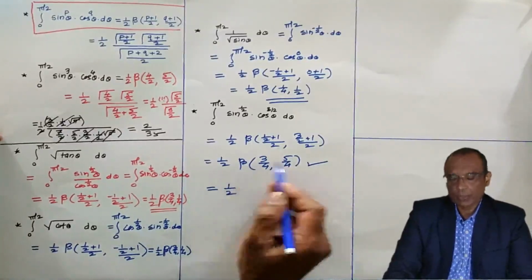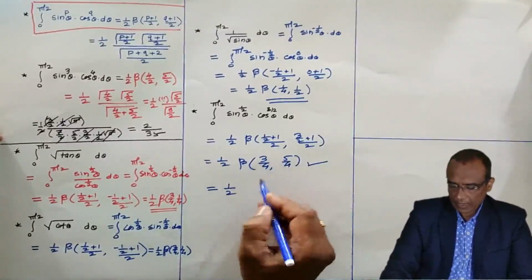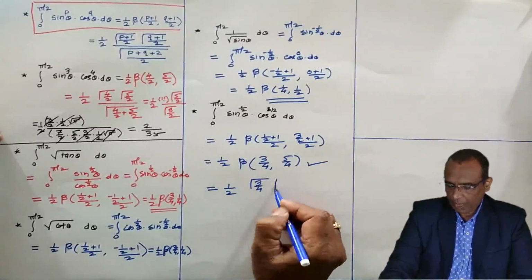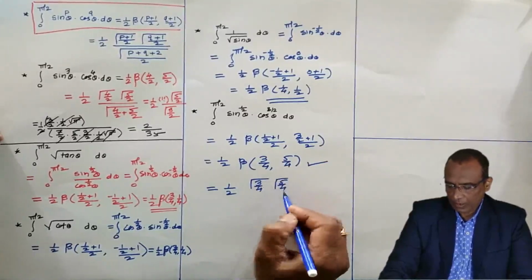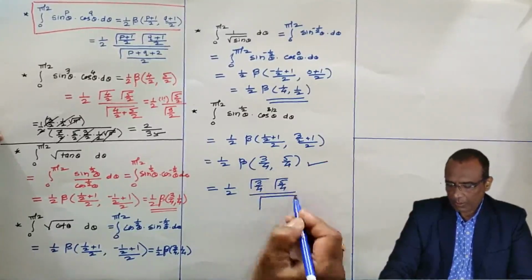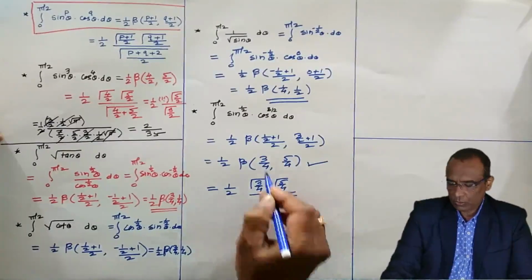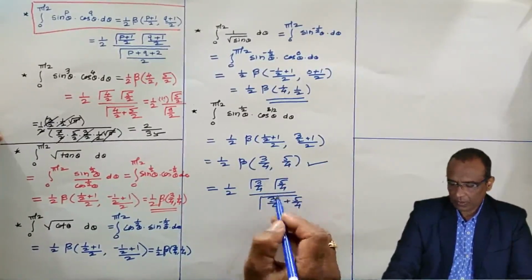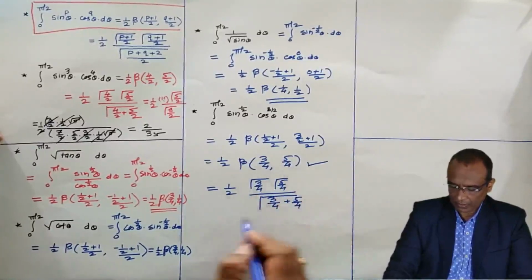To convert beta into gamma, beta mn is gamma m gamma n by gamma of the sum of these two elements, 3 and 5 like this.